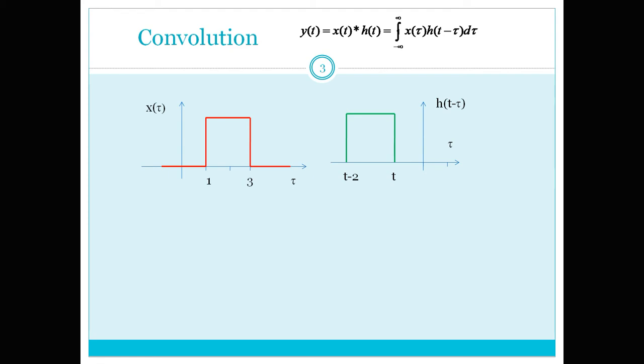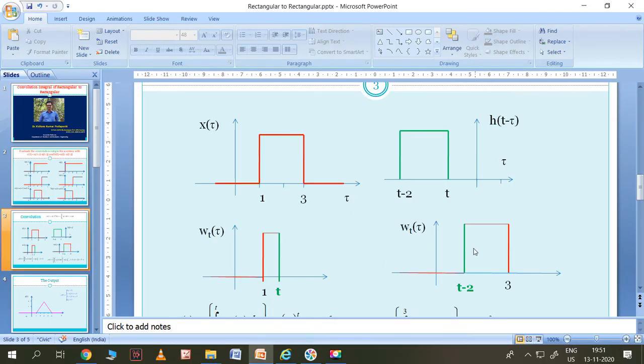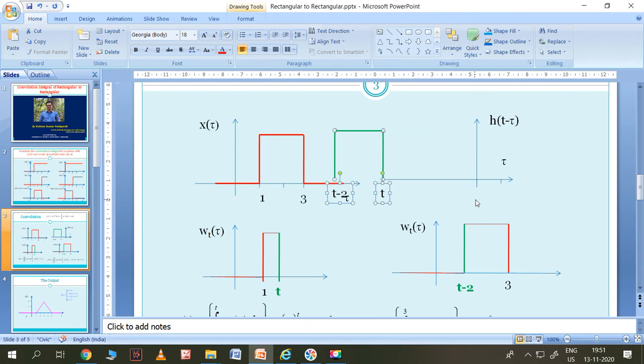Now what I need to do? Again, I need to go back. Now for convolution, I need to move this from minus infinity. Sorry, I'm extremely sorry. Actually this is at this part.